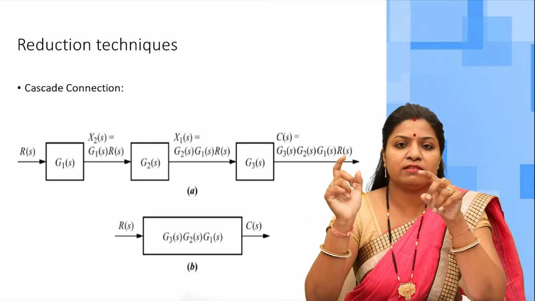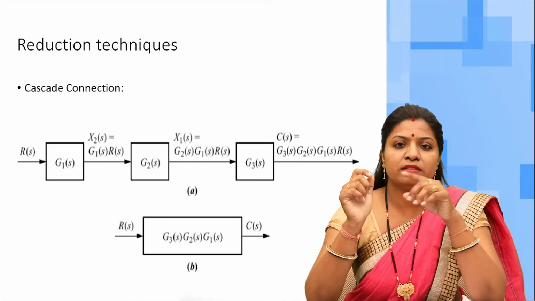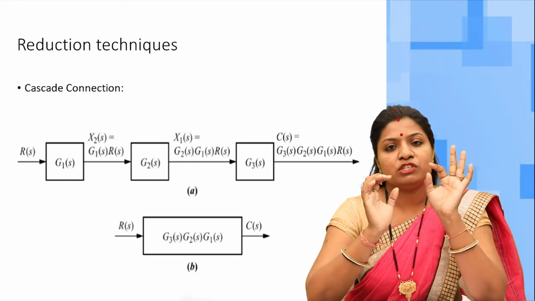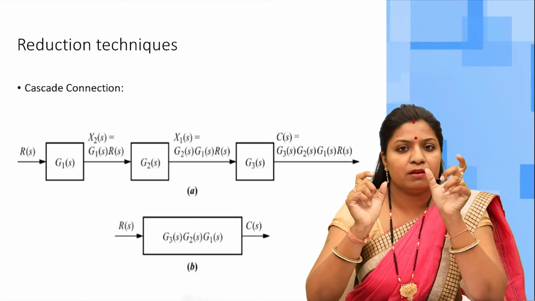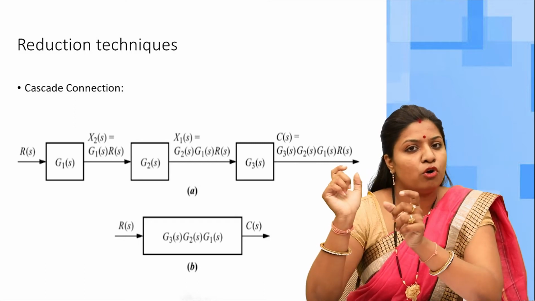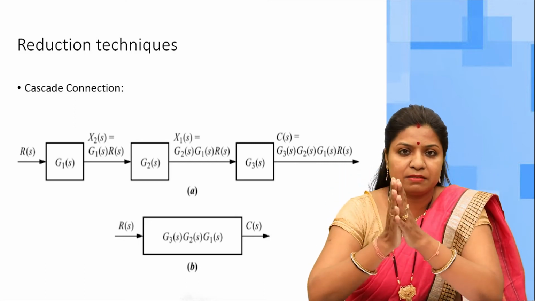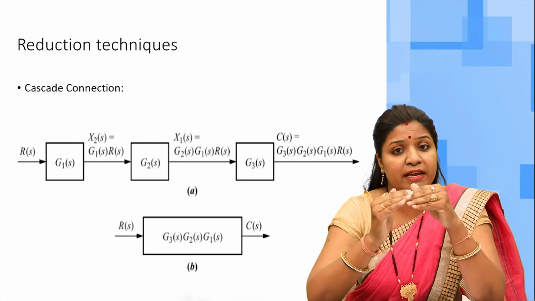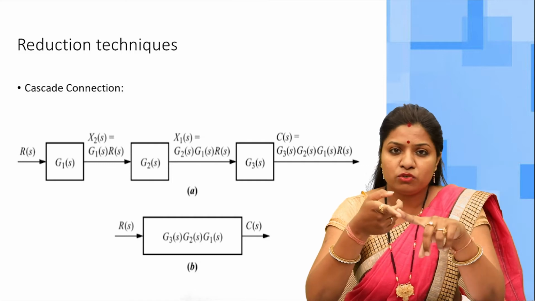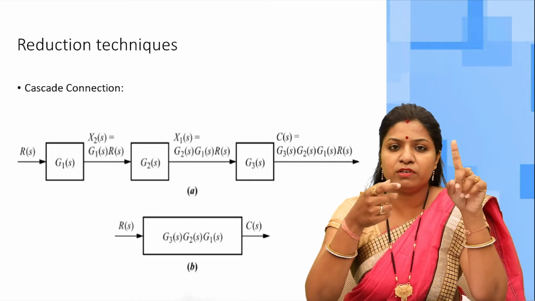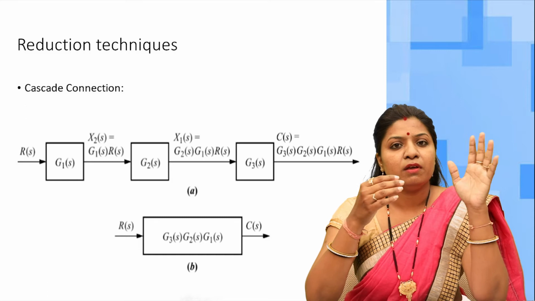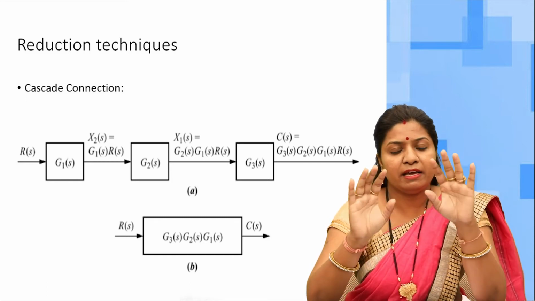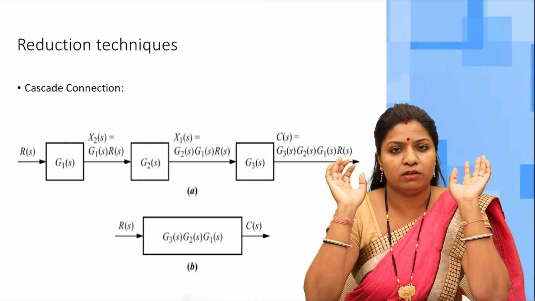Now these are three separate blocks and we want them in a simple form. So you just multiply the expressions given in each block if they are in series. Three blocks G1, G2, G3 together we can write as G1 into G2 into G3. This is the first rule: if you get blocks in series, simply multiply whatever is given in each block.